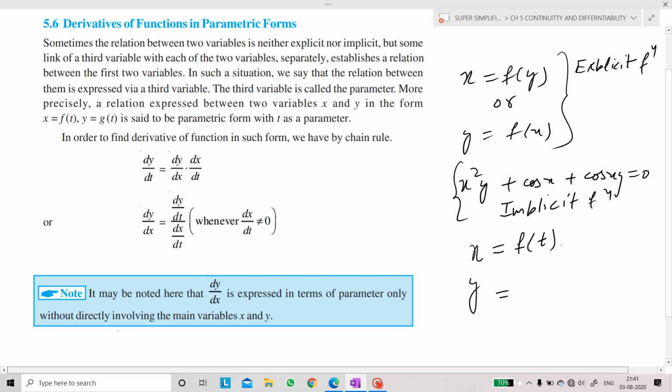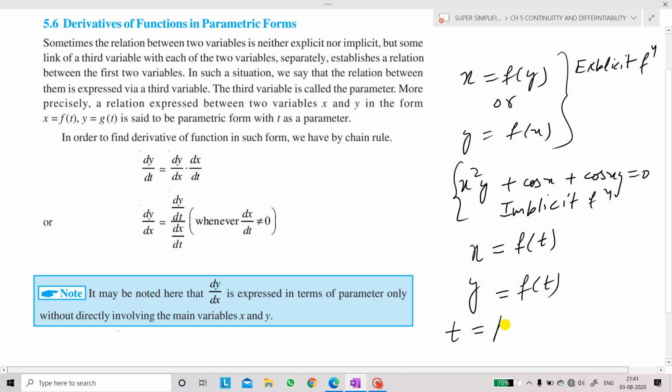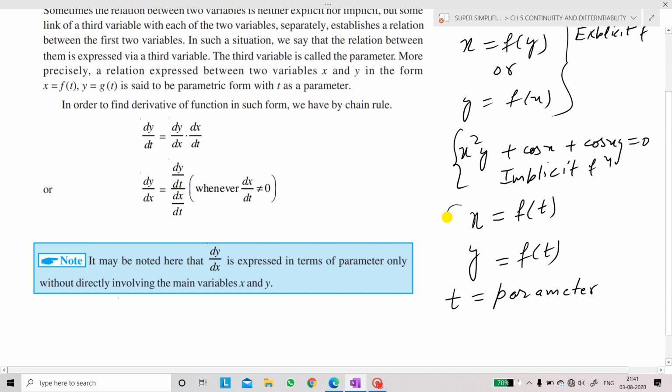So x is a function of t, and y is a function of t. x and y are linked to each other via the third variable. This third variable can be t or theta or whatever. This is called a parameter, and this type of equation is in parametric form.